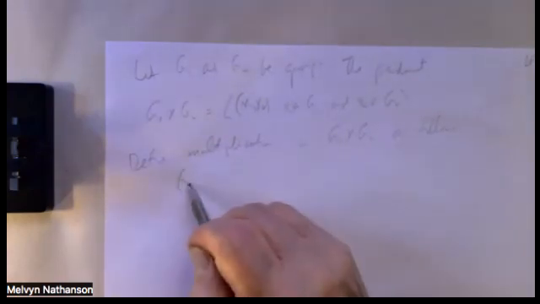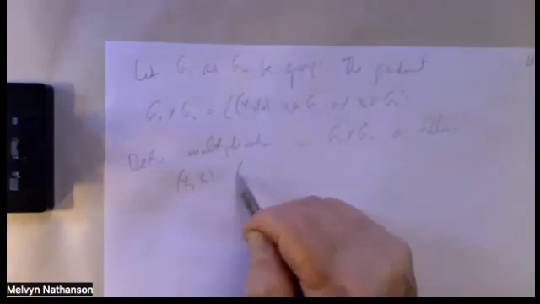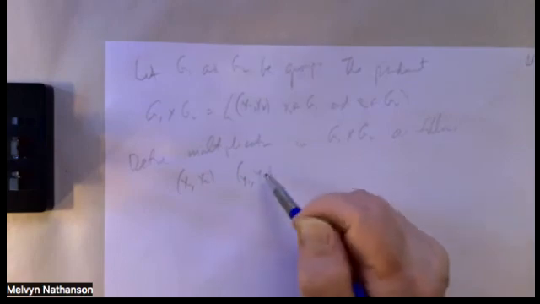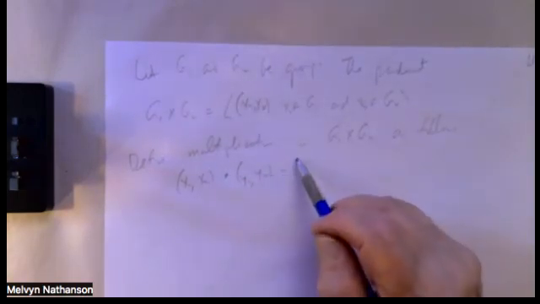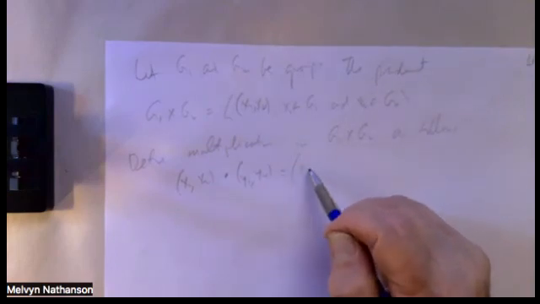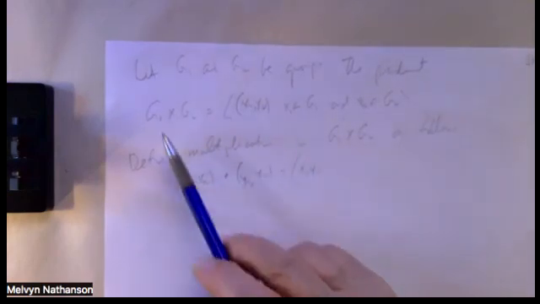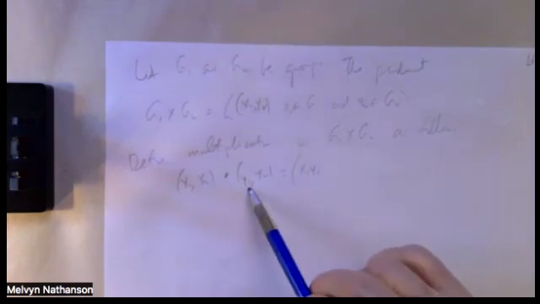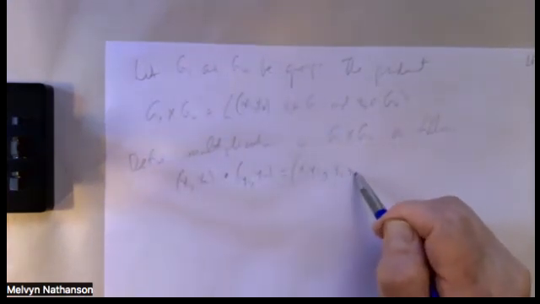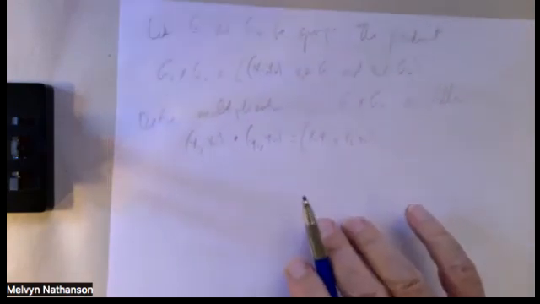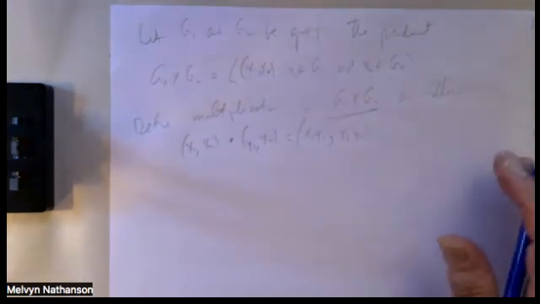So if I have an ordered pair x1, x2, and another ordered pair y1, y2, I multiply them by multiplying coordinate-wise: x1 times y1, which makes sense because x1 and y1 both are in the group G1, comma x2, y2. So I just defined the multiplication on this product set.